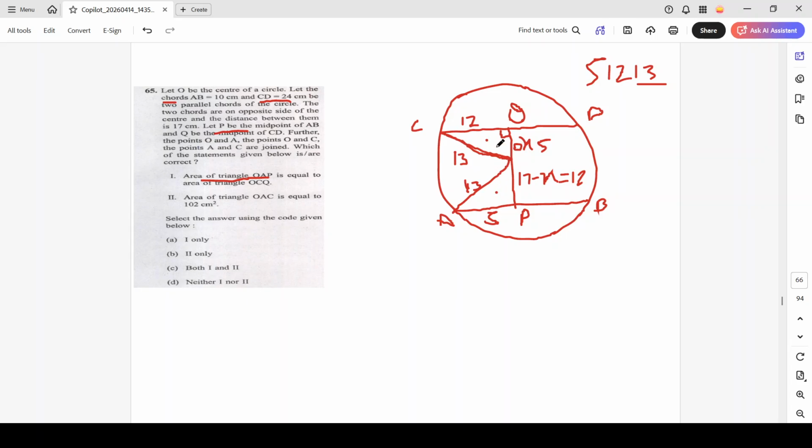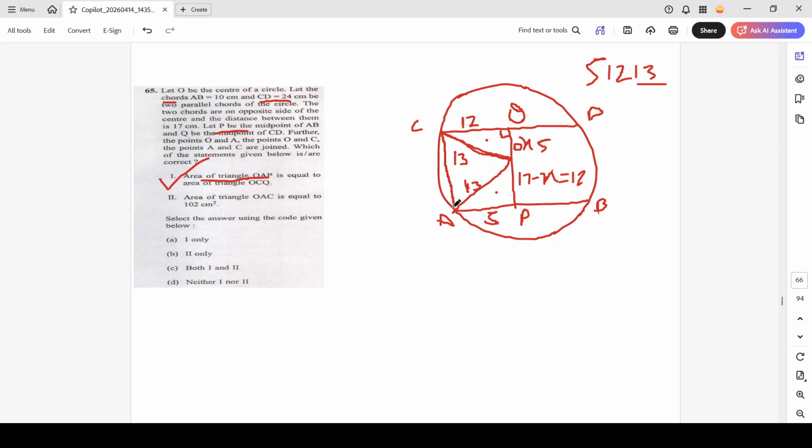Of course, this is equal because the two sides perpendicular to each other are 12 and 5, and these are also 12 and 5. That means the area will be 30 and 30. That means this statement is correct. Now, area of triangle OAC, that is O, A, and C.